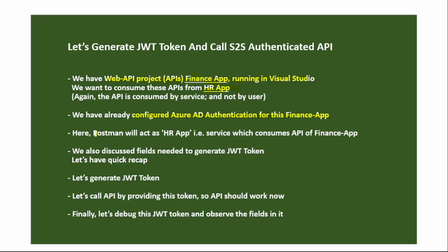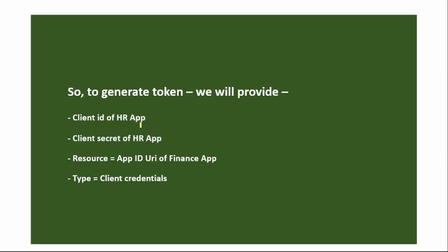Now guys, here Postman will act as our HR app, that is, it will be the service which will consume the API of finance app. We also discussed the fields which are needed to generate JWT token, and let's have a quick recap. To generate JWT token, we will provide the client ID of our HR app, that is the service which consumes the API.